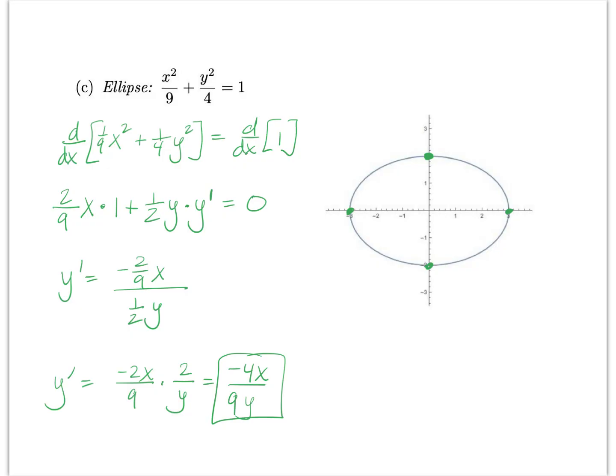Okay, so where are my tangent lines horizontal? That would happen when y prime is 0, which happens when the numerator is 0. And when is my tangent line vertical? That happens when y prime is undefined, which happens when the denominator is 0.